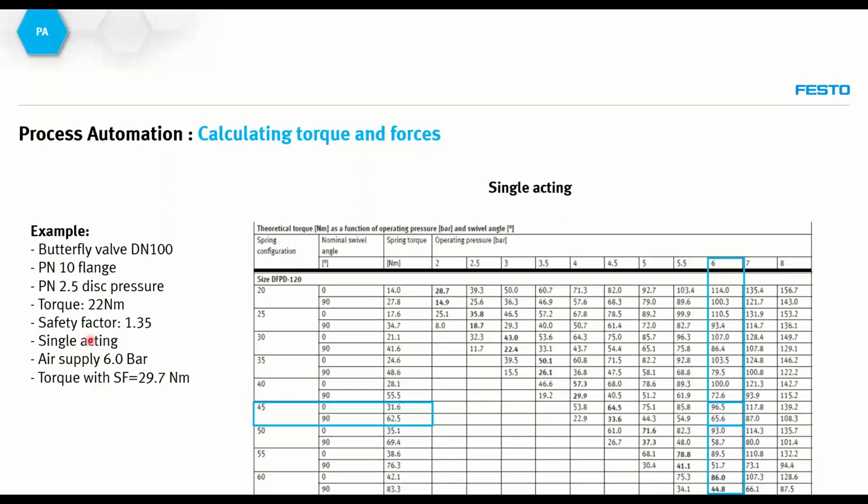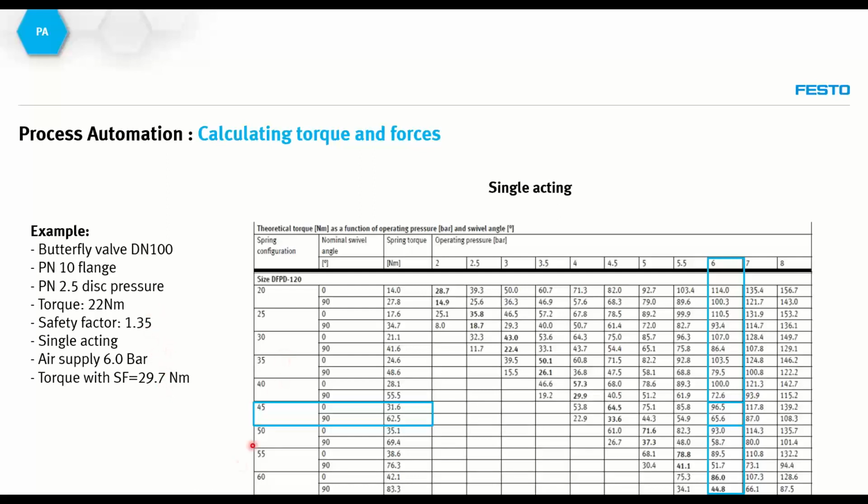I need a single acting actuator, and the air pressure supply is 6 bar. If we calculate the torque requirement, including the safety factor, we end up with 29.7 Newton meter.